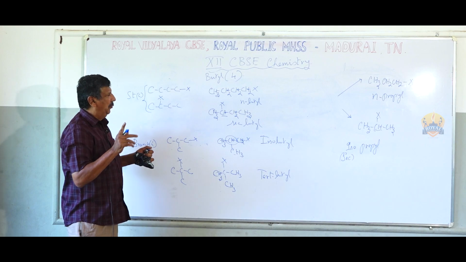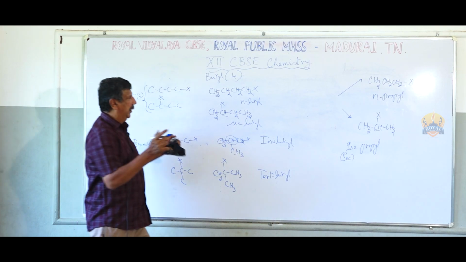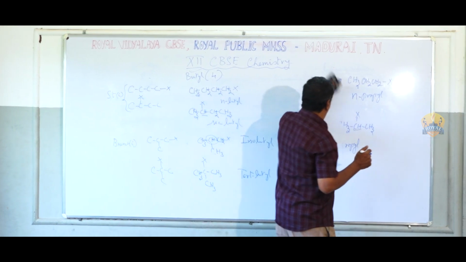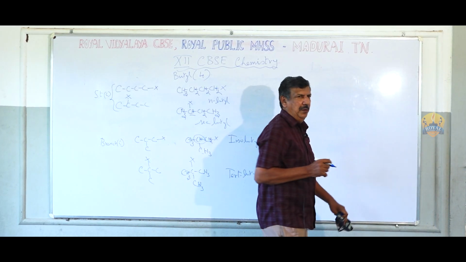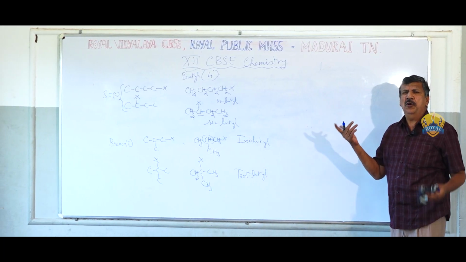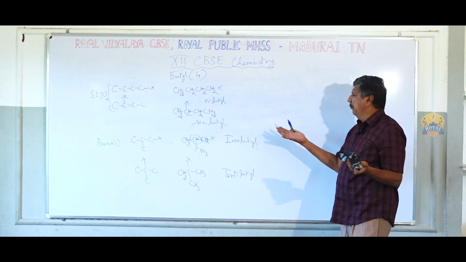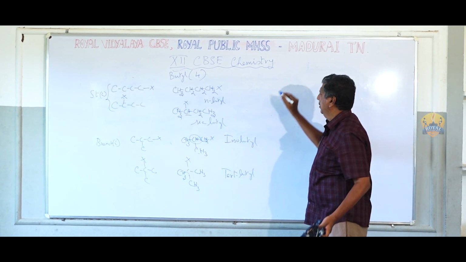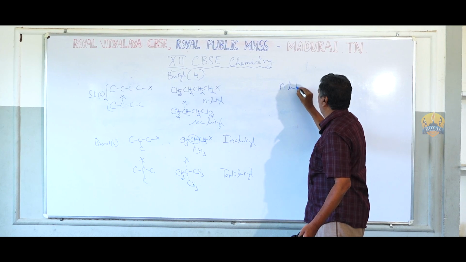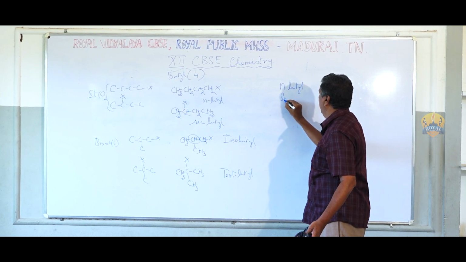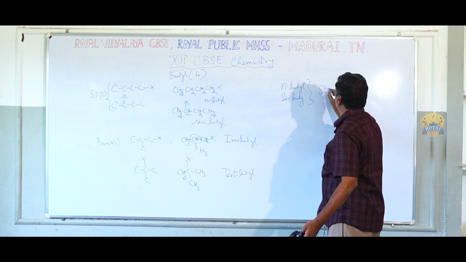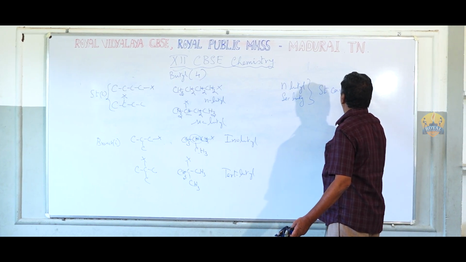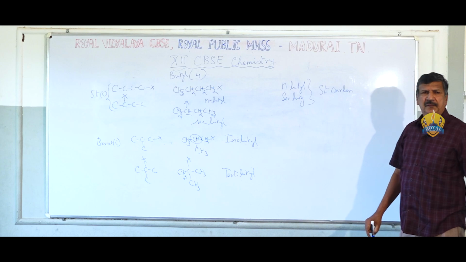So, you should understand one thing from this. Be careful. Butyl is highly complicated, so if you learn correctly, there's no problem. What can you link about this? N-butyl and secondary butyl are created from straight carbon. That is very important.